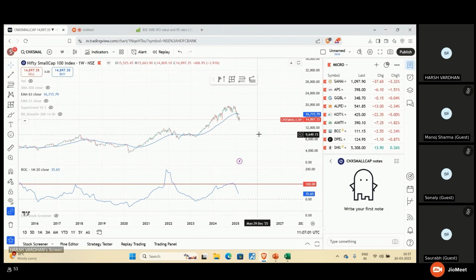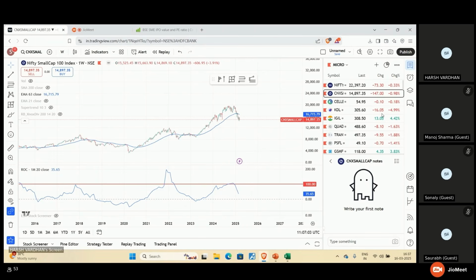But what I'm saying is, to apply this ROC indicator for micro caps or SMEs as well, you simply need to follow the rules for the small cap index. Whenever the ROC is giving you a sell signal for small caps, you need to sell your micro caps, the SMEs, as well.